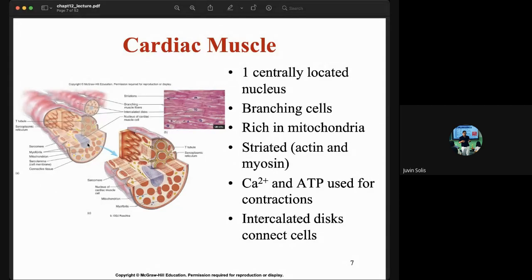It is rich in mitochondria. It is striated, so it has your actin and your myosin. It has calcium ions and ATP used for contraction, and it has intercalated discs connecting cells. So this is the more specific illustration of your cardiac muscle.